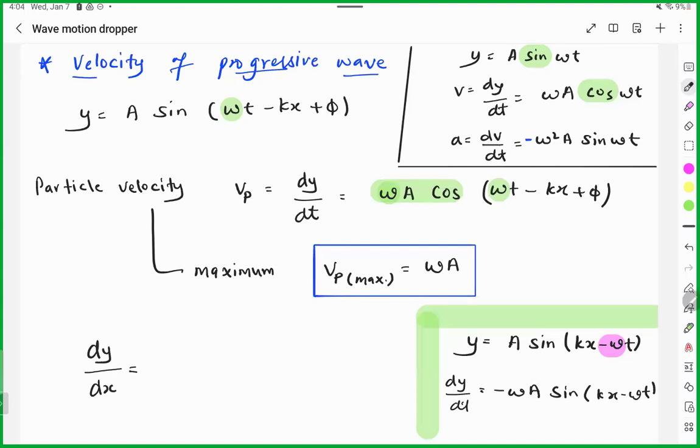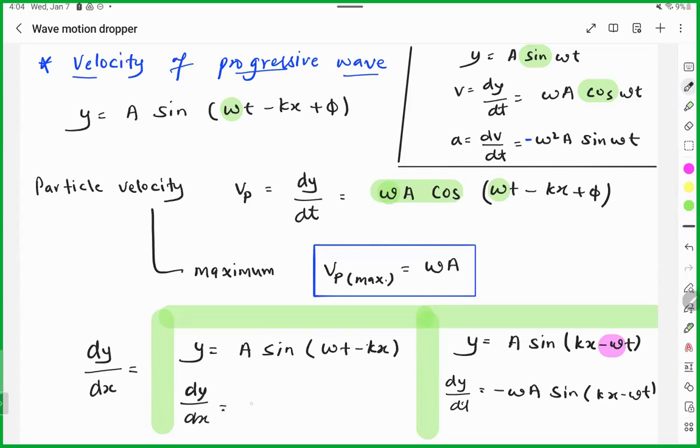Okay, but if you take the opposite, y is equal to a sine omega t minus kx, and now you differentiate with respect to x.